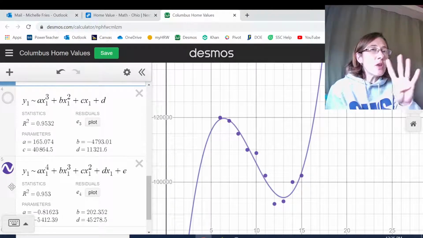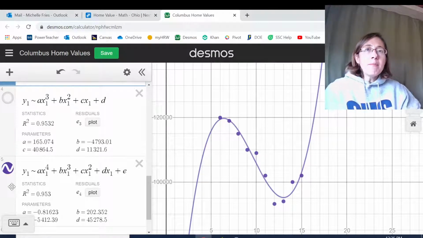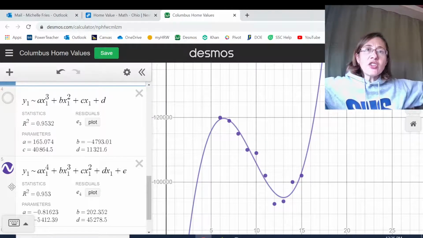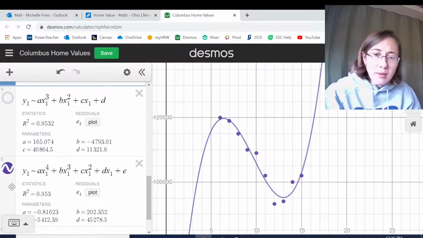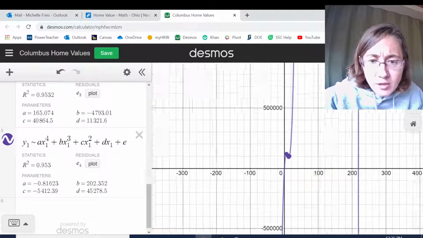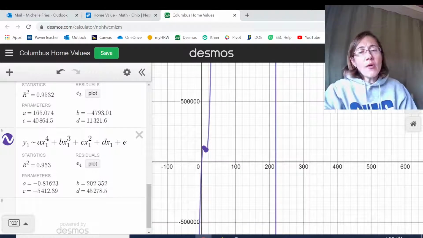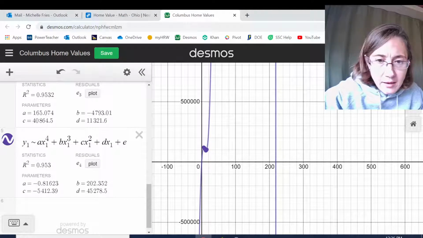Because if it's to the 4th power, what type of end behavior should we be seeing here? Both ends should go the same direction, shouldn't they? Because even exponents, even degrees, make that happen. We talked about that with end behavior. So I was like, uh-oh, something's going on here. And when I zoomed way out, I was like, okay, it does end up going back down in the end.